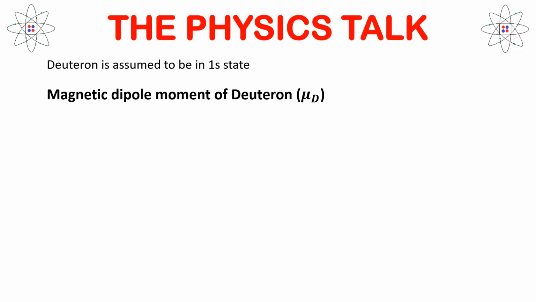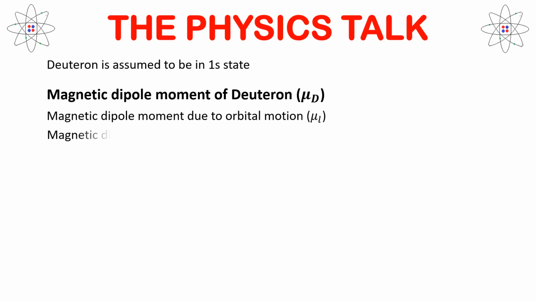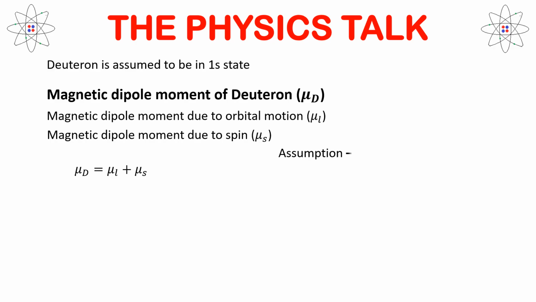Now coming back to deuteron, its total magnetic moment should be the vector sum of magnetic moments due to orbital and spin motion of its constituent particles. As we discussed earlier, since deuteron exists in its ground state only, both proton and neutron are assumed to have the orbital angular momentum quantum number L equal to 0, which is also called S state.